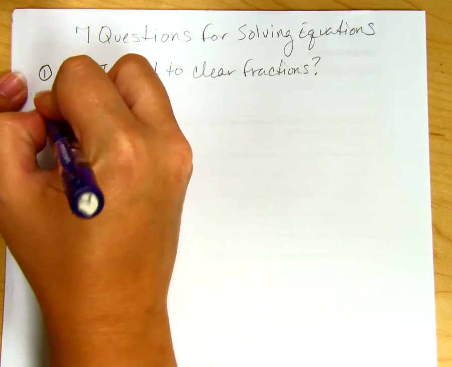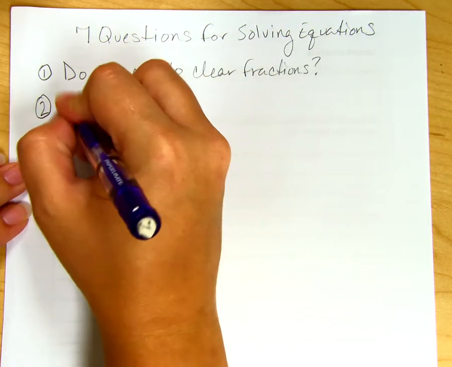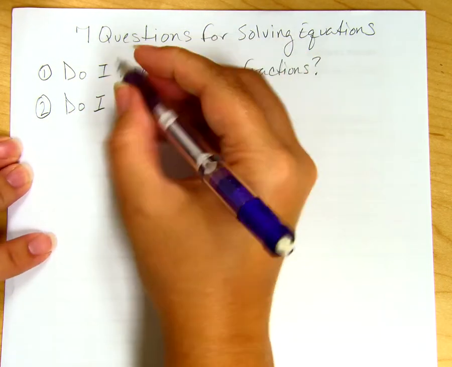Question number 2, do I need to simplify one or both sides of the equal sign?